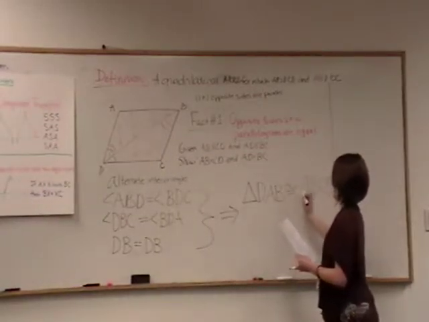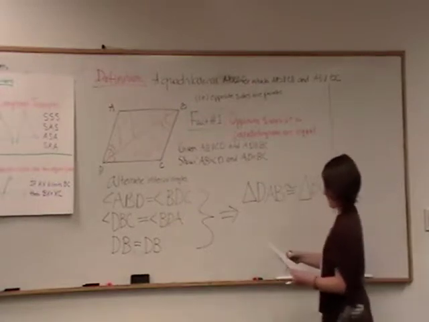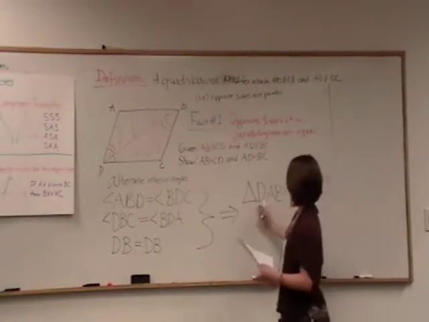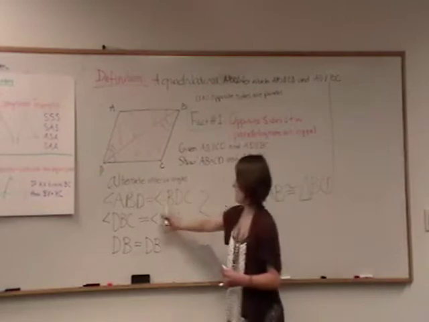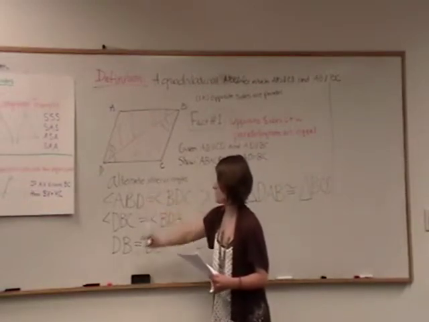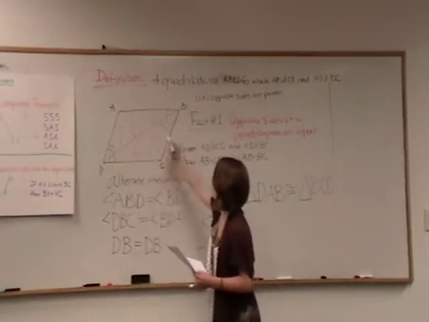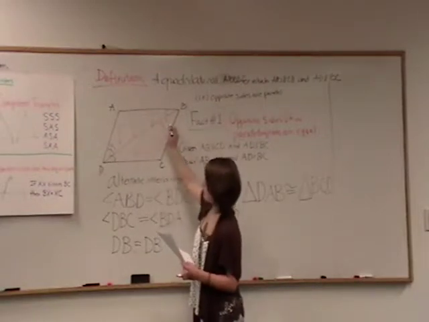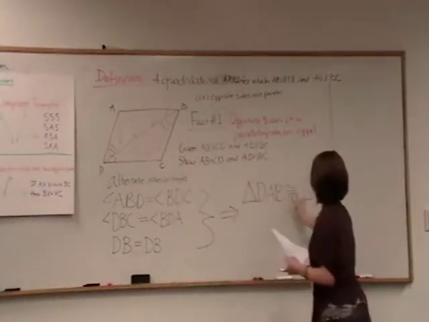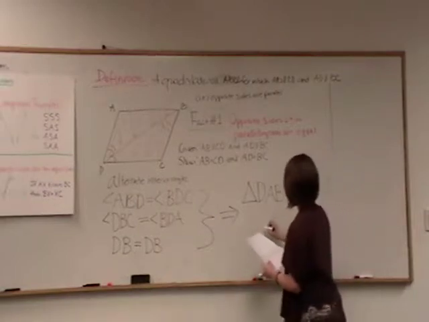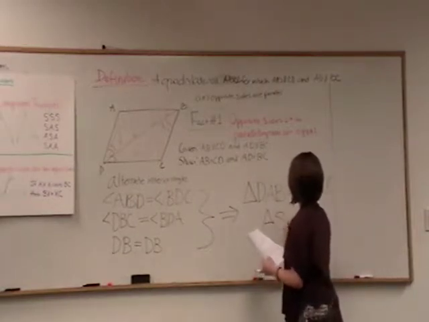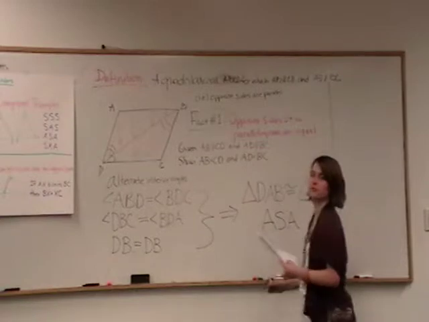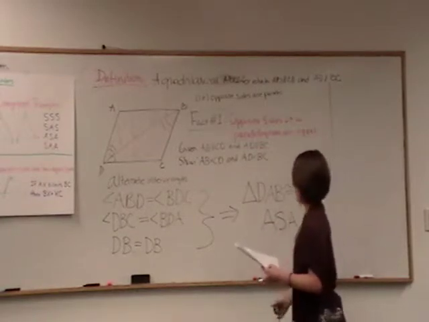And this is a symbol for congruence. We know that these 2 triangles are congruent because they have 2 common angles and a common side in between the angles. So this is true by angle-side-angle, which Brady went over with you earlier.